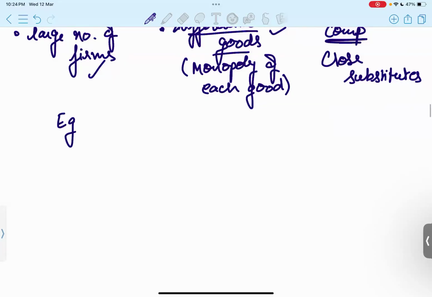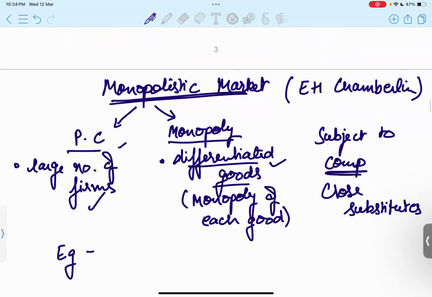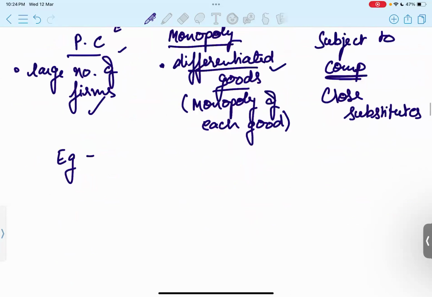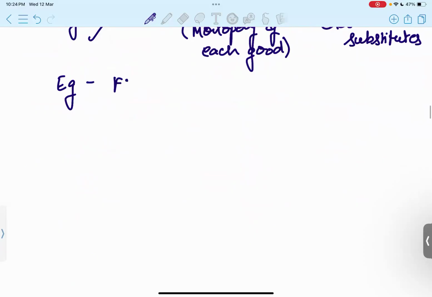There are several examples from real life. So we can say that monopolistic competition is the most pragmatic or practical form of market structure working around us. You can pick any fast moving consumer good, let's say biscuits, or the example of toothpaste.